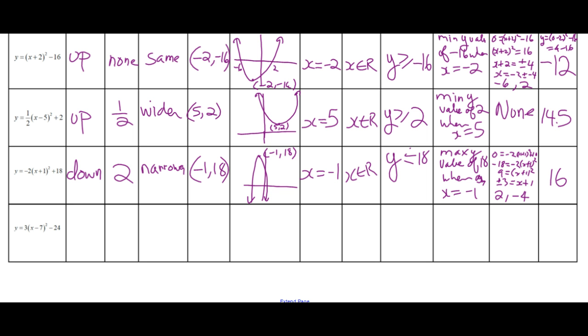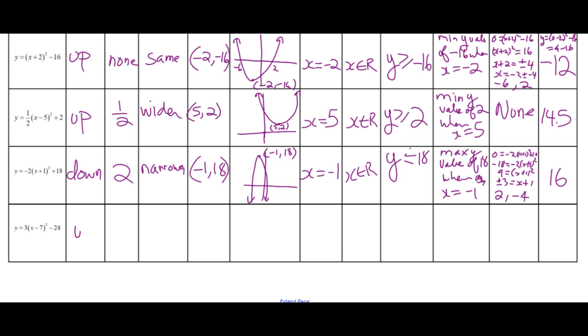If I move 3 units either side of the vertex, that's where they're going to be. So -1, 3 units to the left gets you -4. -1, 3 units to the right gets you +2. Make sense? This one just happened to work out that way. I don't know if the last one will. It could be a coincidence, but it might not be.